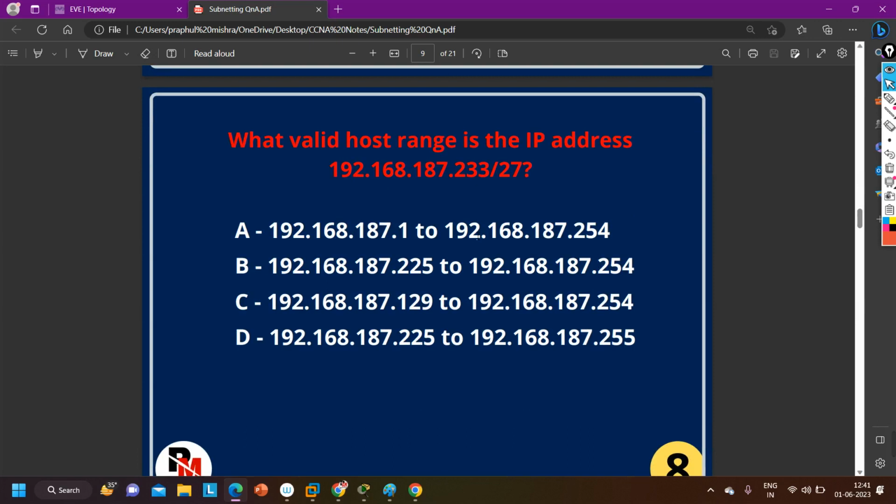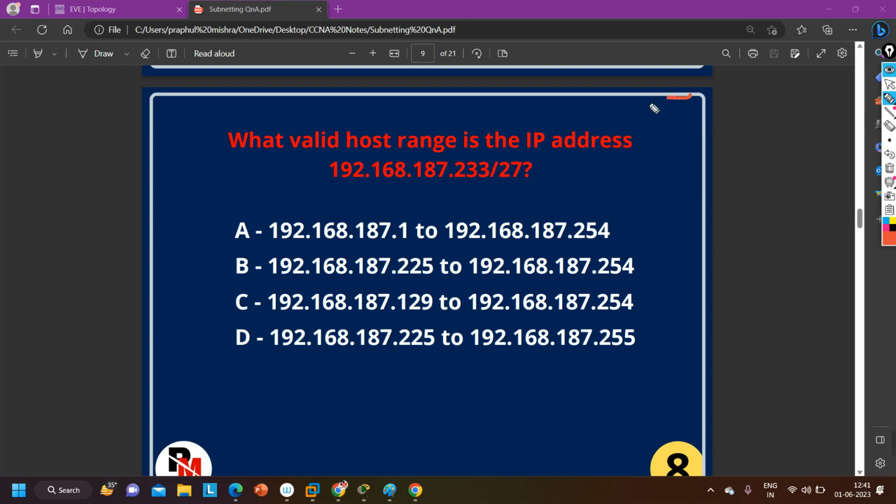Here the question is, what is the valid host range of the IP address 192.168.187.233/27? Guys, you tell me the answer of this question first.